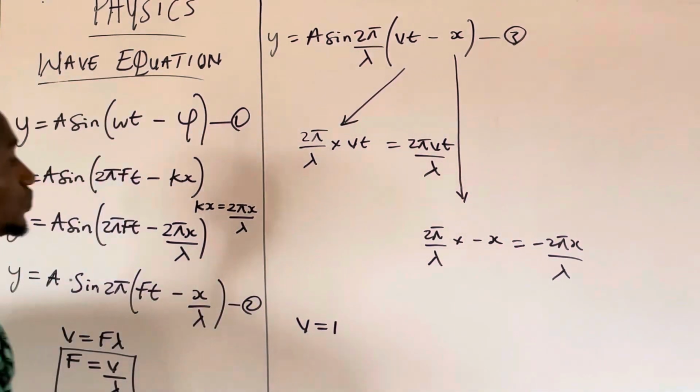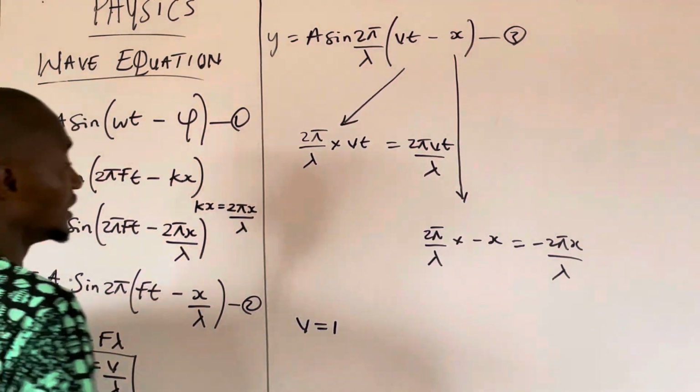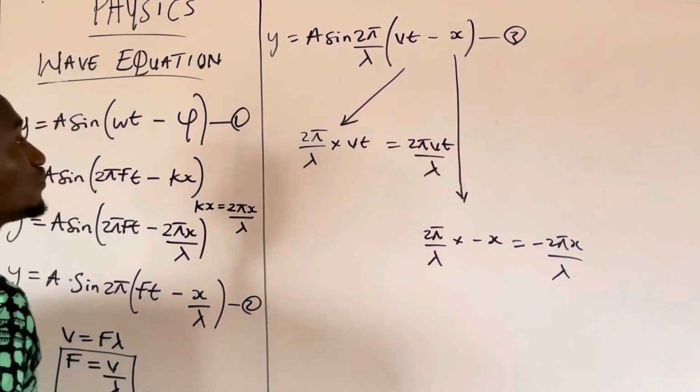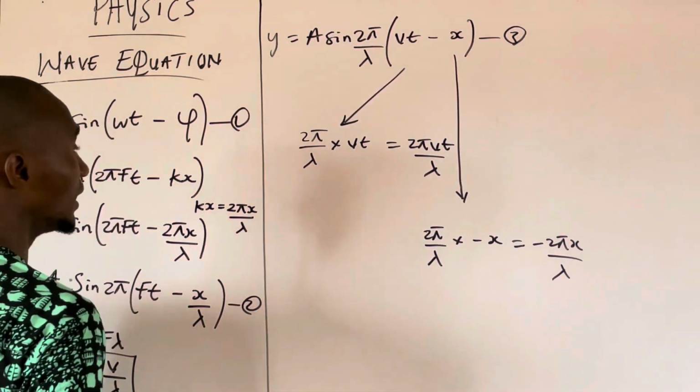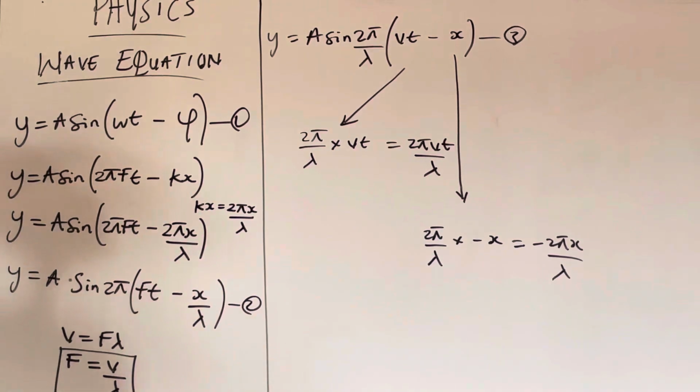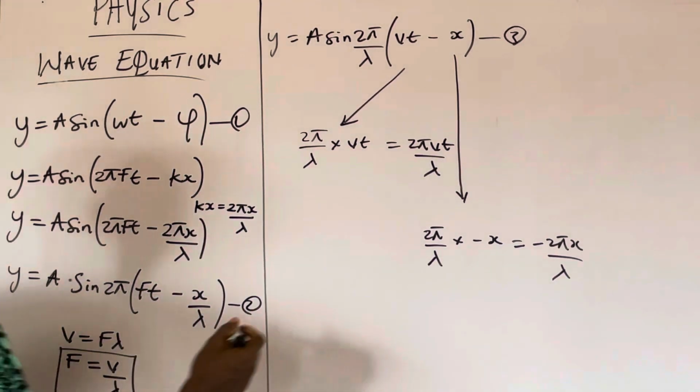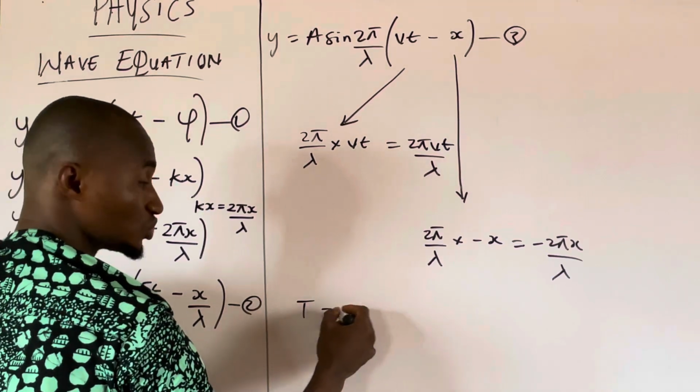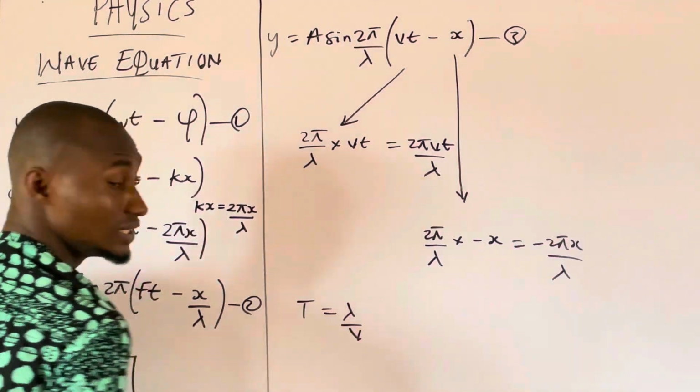Now let's talk about equation 4. For equation 4, it's something totally different. Remember in equation 4, I made mention of T equals lambda over v, right?